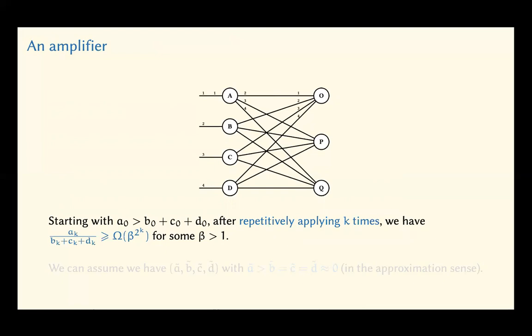This means that the ratio of A_k over the sum of the other three is growing exponentially fast using polynomially many vertices. We can assume that we have A tilde, B tilde, C tilde, and D tilde with A tilde larger than the other three, and the other three are roughly 0 in the approximation sense.